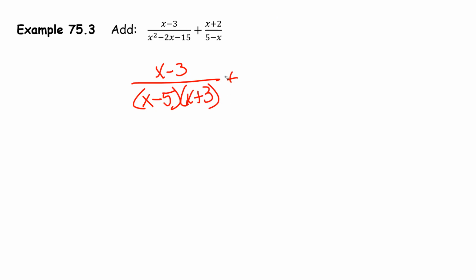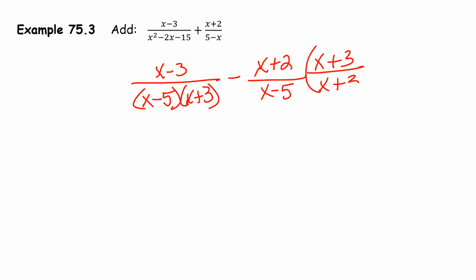And we can see that that second denominator is the opposite of x minus 5. So we can change this to minus. We'll still have x plus 2 in the numerator, but in the denominator, we'll have x minus 5. So all we need to do is multiply the second expression by x plus 3 over x plus 3, and we'll have our common denominator.